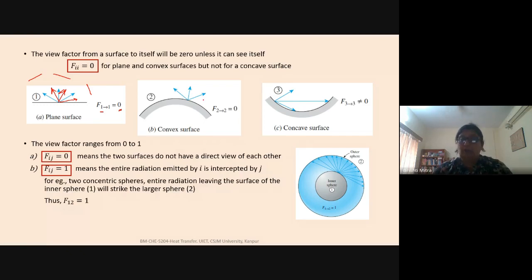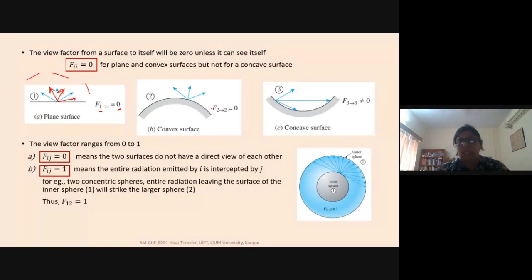Now if you look at a convex surface, the curvature is like this. The radiation that is going out of the convex surface is essentially these blue arrows. So when I have this blue arrow, this is say a surface 2. You will see that everything is going to go out of the surface.